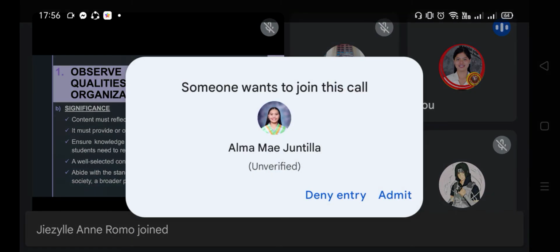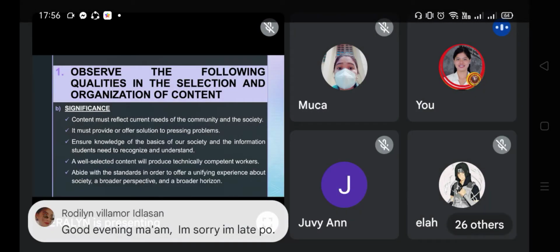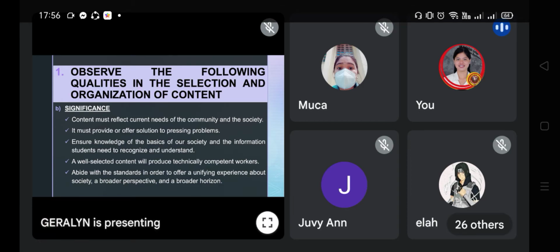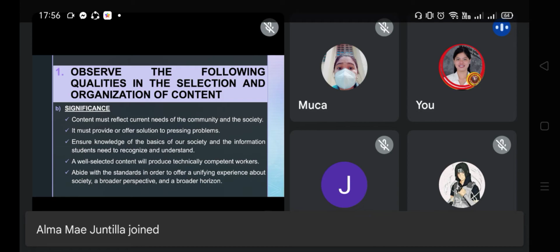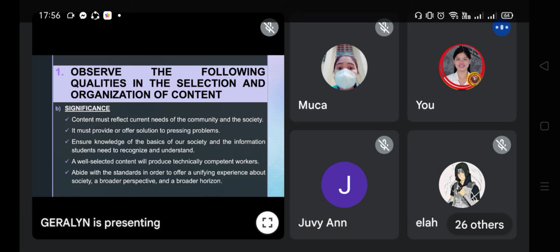So if well-trained ang estudyante when it comes to relating the content with the current situations in the society, pag abot sa panahon nga mag-trabaho siya, kabalo na siya how to solve problems. Kay estudyante pa lang siya daan, exposed naman siya ana. So that is the purpose why we have to allow students to apply the problem solving techniques.